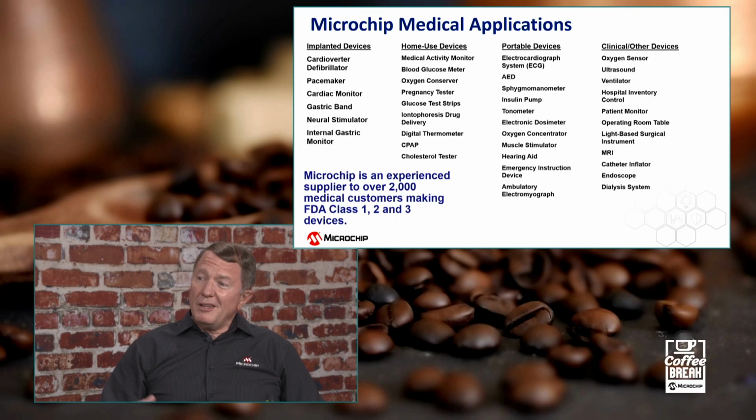Nice. Another thing is that our management has been very good about letting us engage with medical customers without any kind of restrictions. We can supply parts to all types of equipment, as you see on the slide, FDA classes 1, 2, and 3. And if our viewers aren't aware, the 1, 2, and 3 are different risk levels of medical devices.